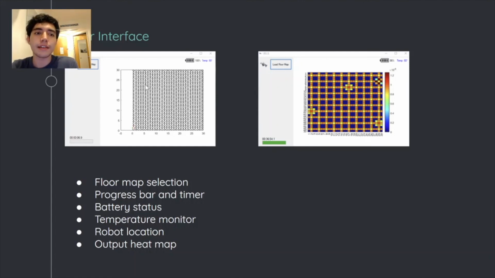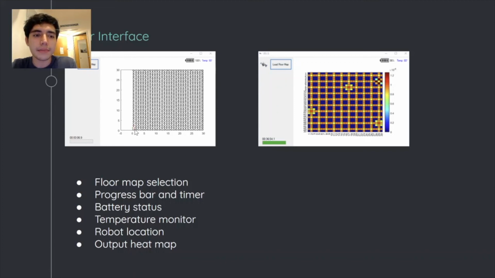This application that we created gives the user the possibility to upload a floor map. So the user has the floor map button. They do that, we apply all of our path following scripts to decide the waypoints and the places where we're going to hit, and it loads that into this viewer.